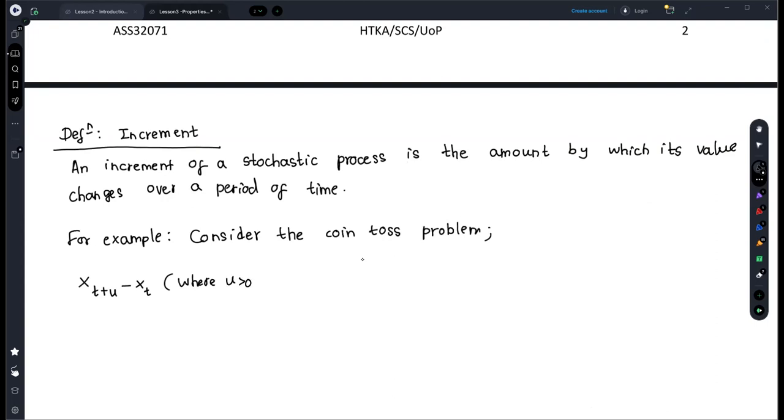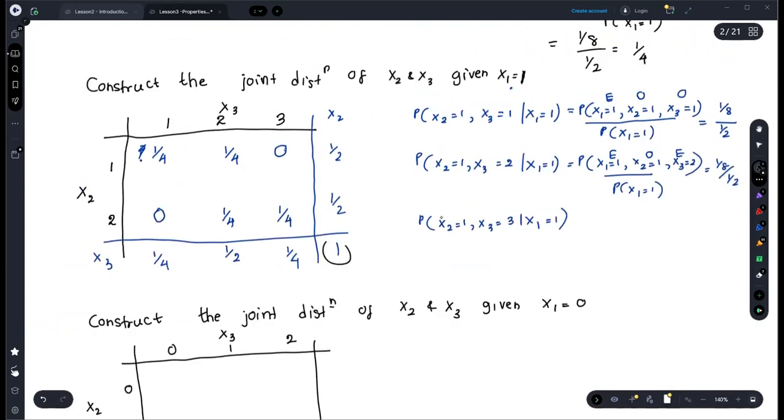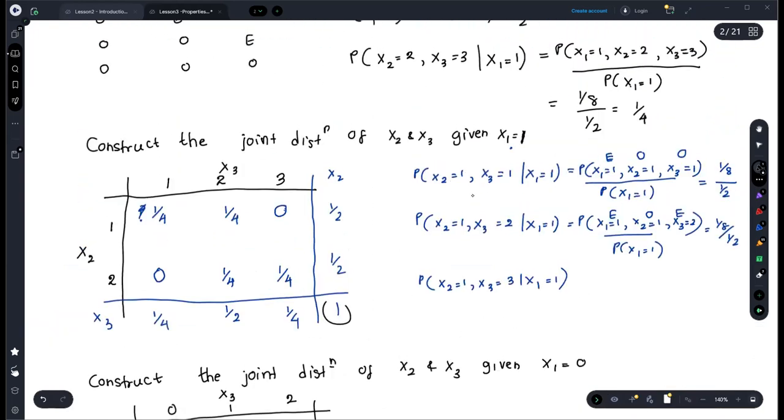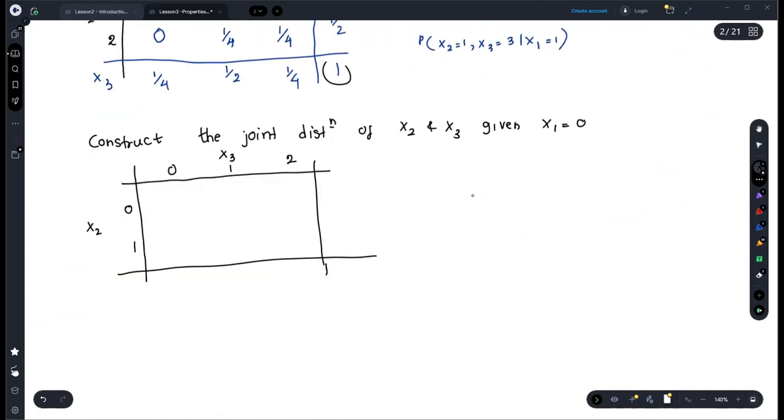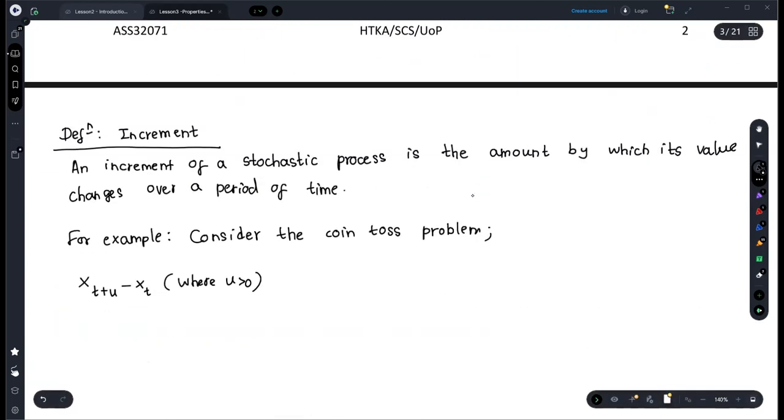U is greater than 0, right? Now here we always looked at the next one, x1, x2, x3, immediate next one, consecutive, right? But you can think about larger gaps, right? Like you can be 1, 2, 3, 4, and so on. So in that case, you can have more than one increment. Your incremented value can be more than one in that case.